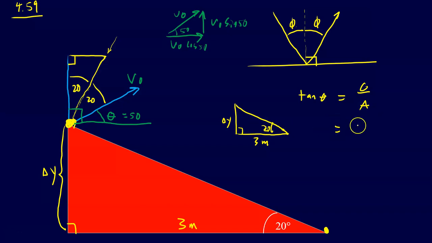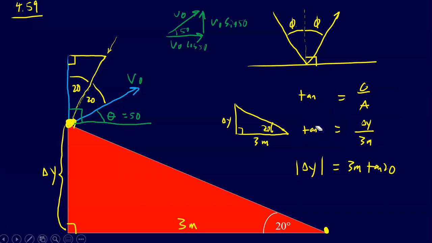The opposite side would be that delta y, and the adjacent side would be that 3 meters. We'll be careful because we're using a right angle, so this would be the absolute value of delta y, which is 3 meters times tangent of that angle, which I'll fill in as 20 degrees. That gives you the distance that it travels.